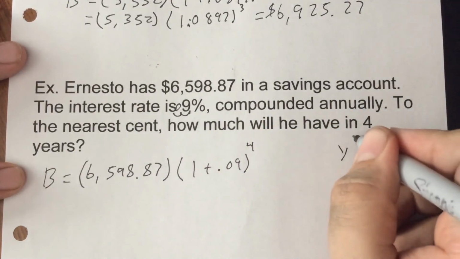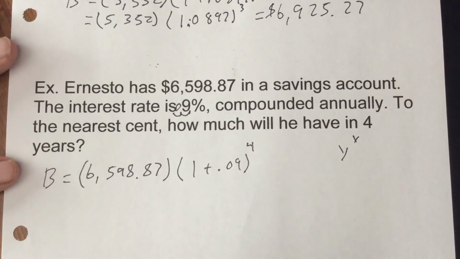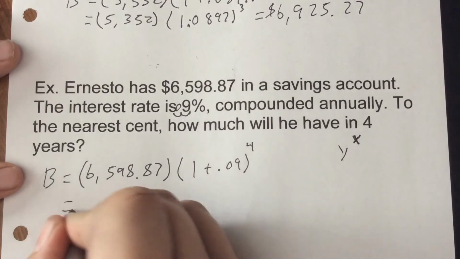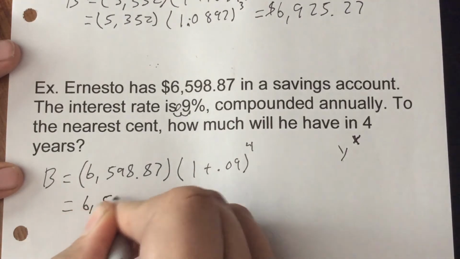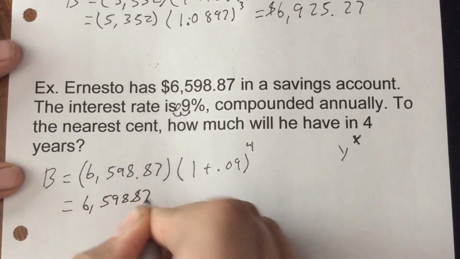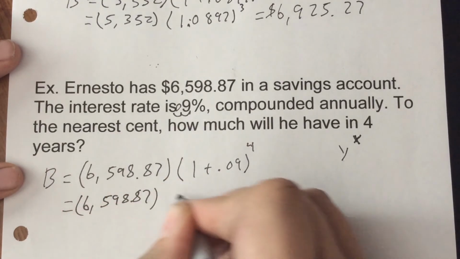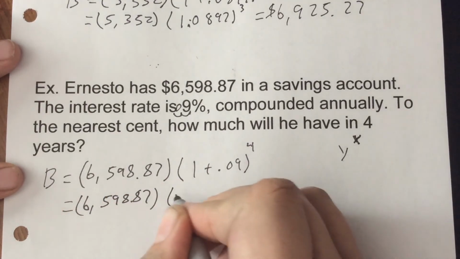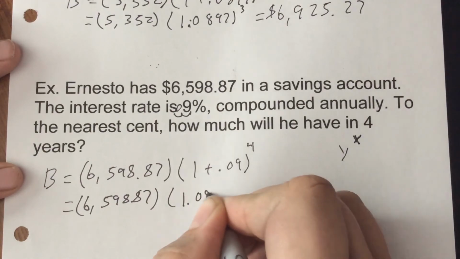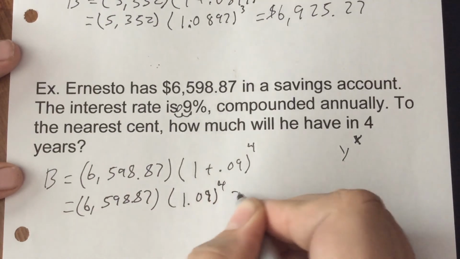Again, you'll have to use that Y to the X button to put that part in. But if we put this together, we have 6,598.87, 1 and 0.09 would be 1.09. Raise it to the 4th.